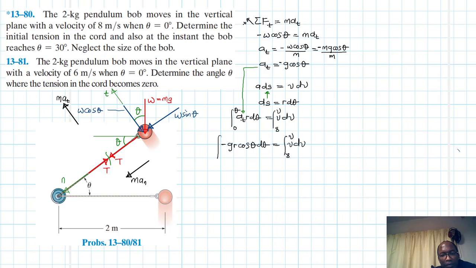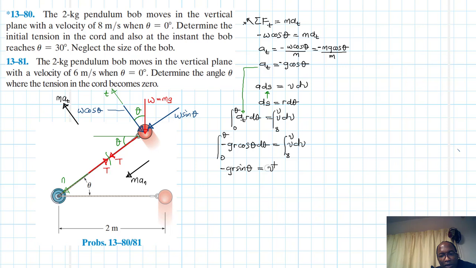Okay, there we go. So if we integrate this, it just becomes minus g r sine theta, right?